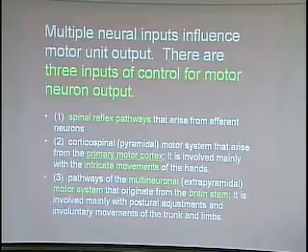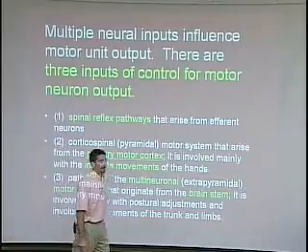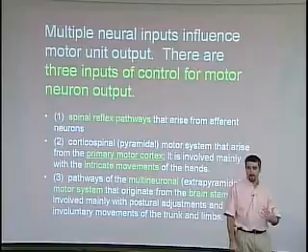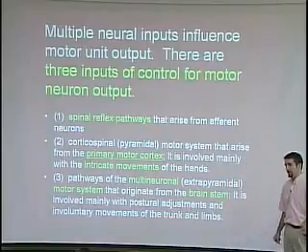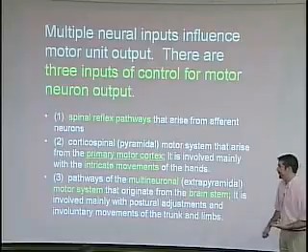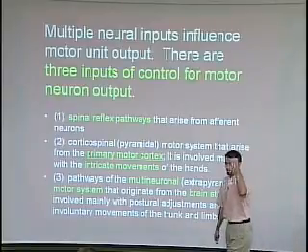Okay, you've got the spinal reflex pathways. That's easy. That's non-cognitive. You don't really think about it. It just happens. An afferent impulse comes in, gives a U-turn in the spinal cord, goes right back out to the effector muscle and causes a contraction. Okay, that's one input. Another one is what's called the primary motor cortex. This is more cerebral. This is more thought.